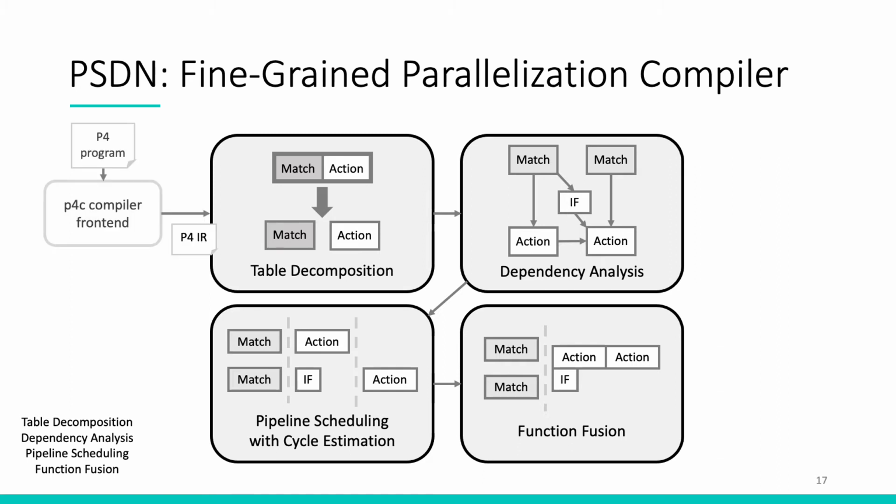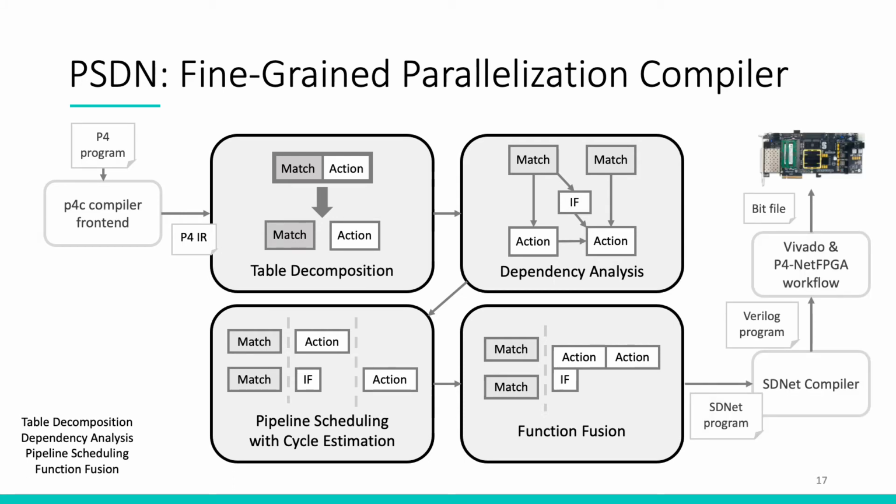This work implements the PSDN compiler on top of the P4C compiler frontend, and the PSDN compiler conducts optimization with P4IR and translates into an SDNet program. An SDNet program can be synthesized into FPGAs by using the SDNet compiler and the P4NetFPGA workflow.